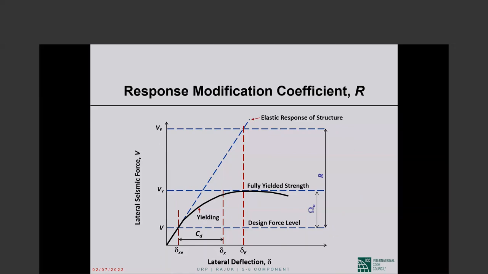There are complications in it. Complication may not be the right word. There are other aspects to it. When we design a special moment frame of concrete or steel for an R of 8, we are not designing for 1/8 of the force level that would have been needed for elastic response to the design earthquake.